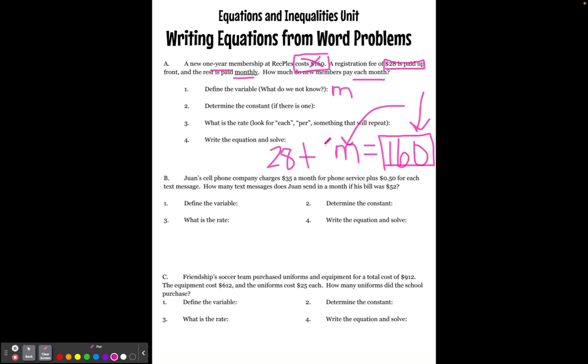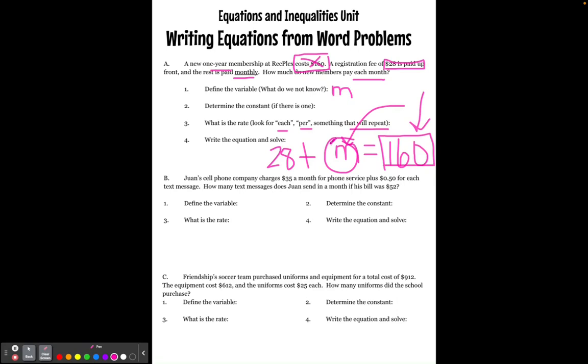Okay. What is the rate? Look for something that is for each or per or something that will repeat. What repeats? My monthly rate will repeat, right? How many times do I need it to repeat? We don't know what it is, right?